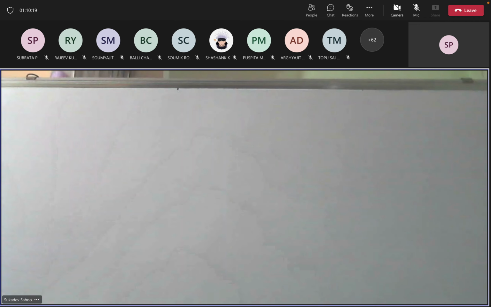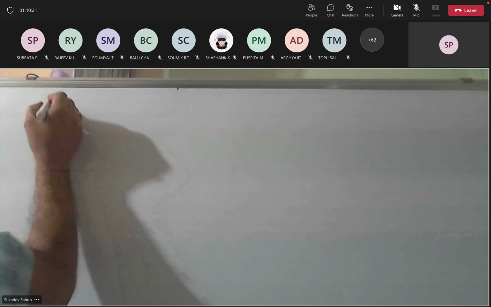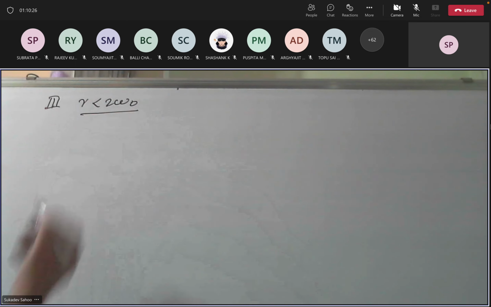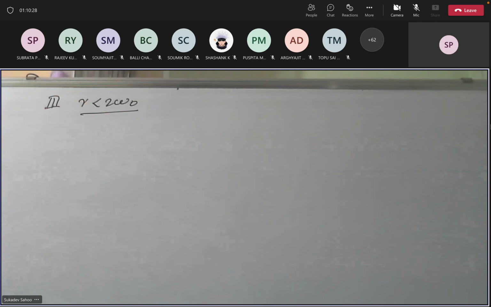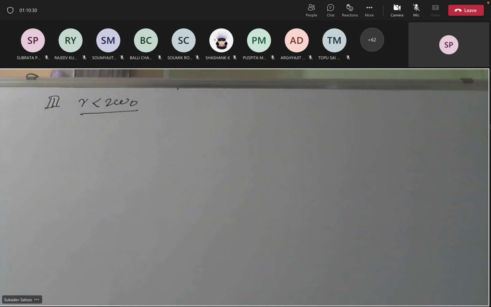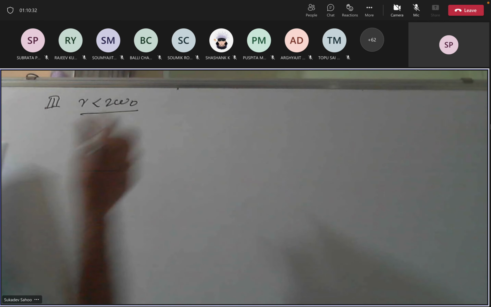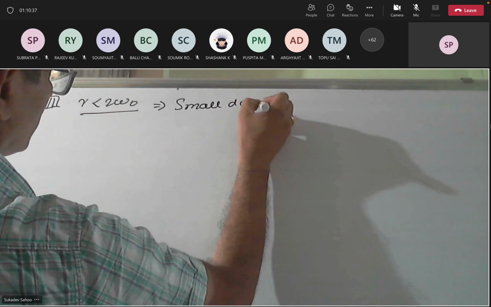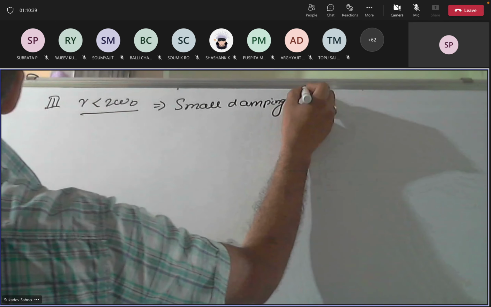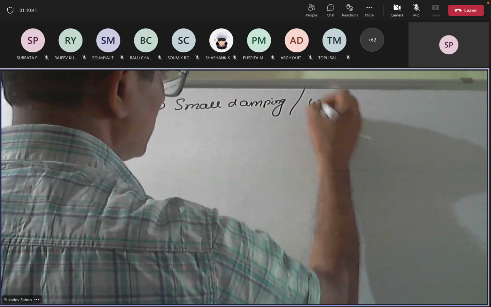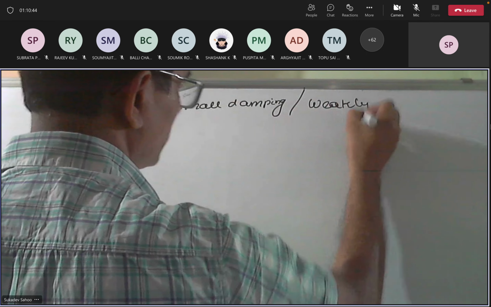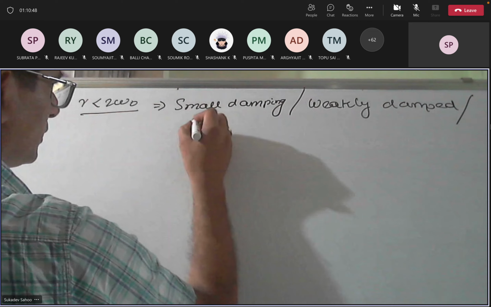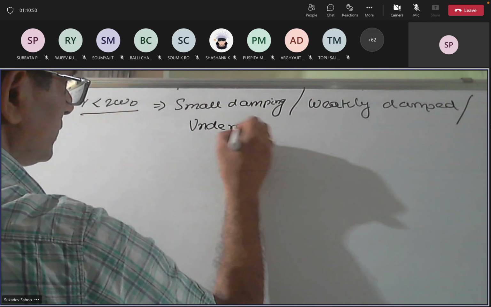Okay, now we will discuss case 3, that is gamma less than 2 omega 0. Then what will happen? If we consider gamma less than 2 omega 0, that is the case of small damping. In some books it is written as weakly damped oscillator. In our book we have given all the names: weakly damped oscillator or underdamped. That was overdamped. This is underdamped.